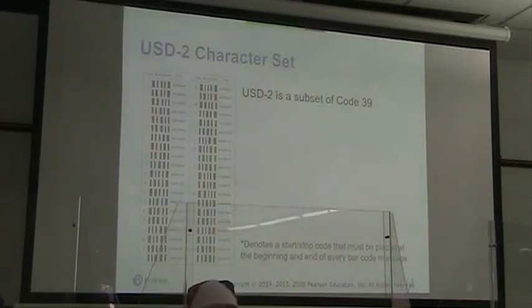All right, so there are various barcodes and ways to read them, and here is the USD2 character set, right?